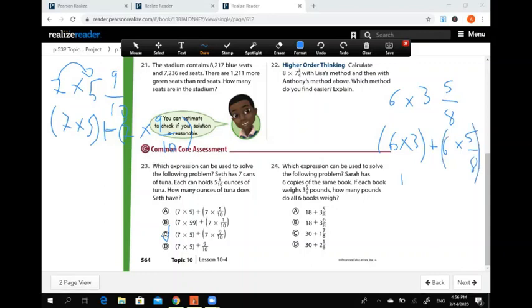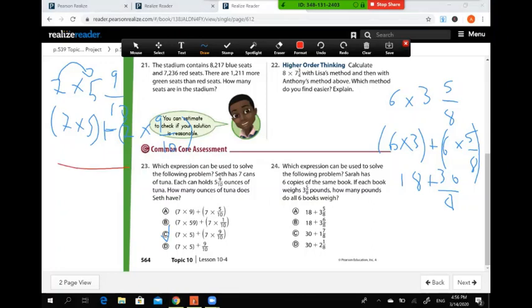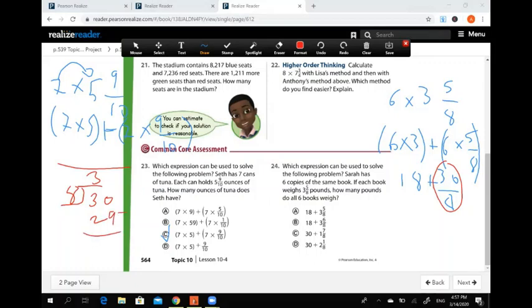6 times 3, which is equal to 18, plus 6 times 5, 30 over 8. Okay, let's put aside 30 over 8 equals what? Let's do this as a long division. 30 over 8. 8 times what gives me 30 or less? 8 times 3 gives me 24. 30 minus 24 equals 6.